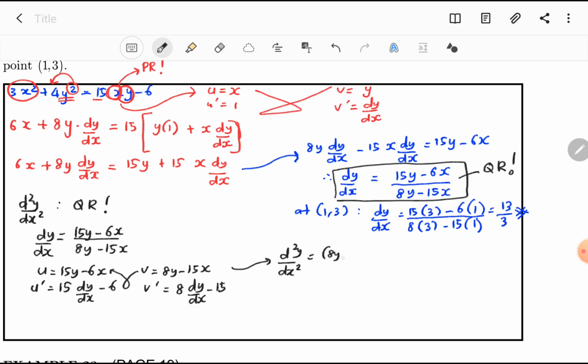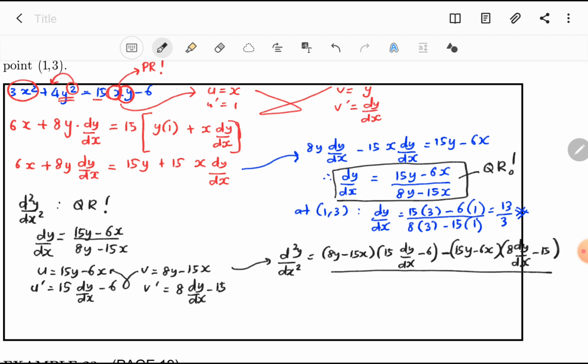So we have 8y minus 15x times 15 dy dx minus 6, and minus 15y minus 6x times 8 dy dx minus 15, over v squared, and v squared is 8y minus 15x squared.